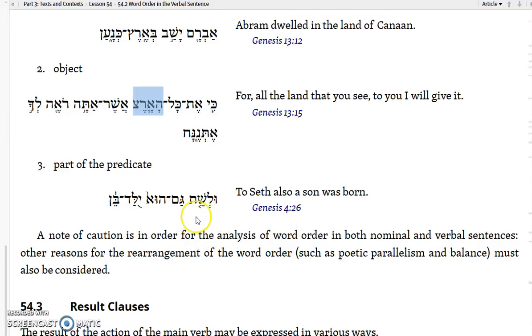And to Seth, also to him, was born a son. And again, it's emphasizing to Seth by placing it in front of the verb. Now, a note of caution is in order for the analysis of word order in both nominal and verbal sentences. Other reasons for the rearrangement of word order, such as poetic parallelism or balance, must also be considered.